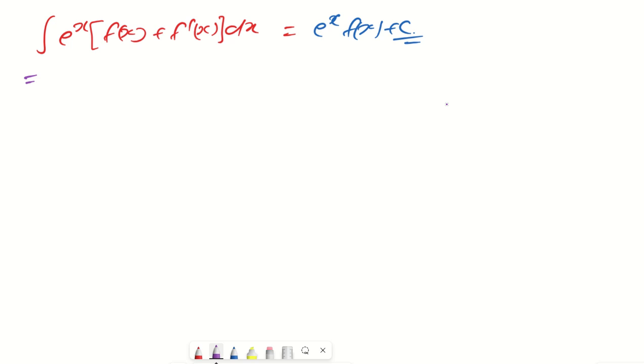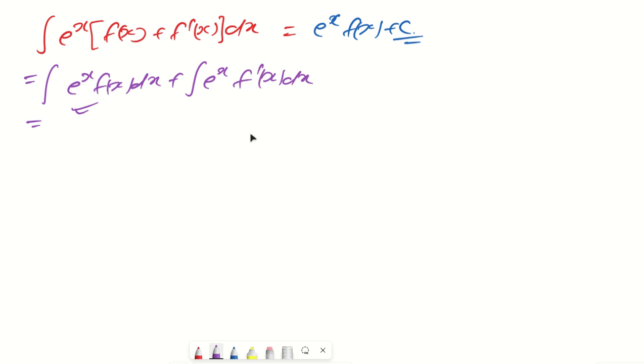Can we write it down? Let us say integration of e to the power x f of x dx plus integration of e to the power x f dash x dx. You can see this integration has been split into two integrations. Let us do them one by one.